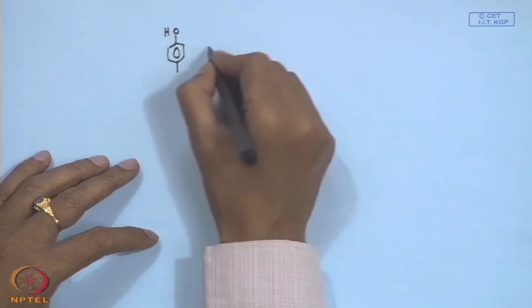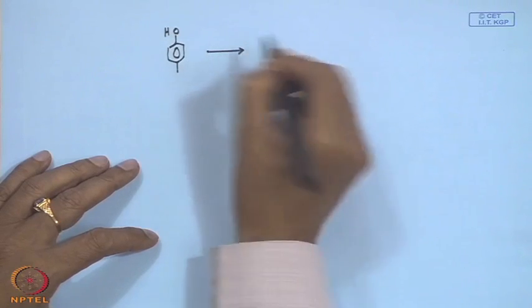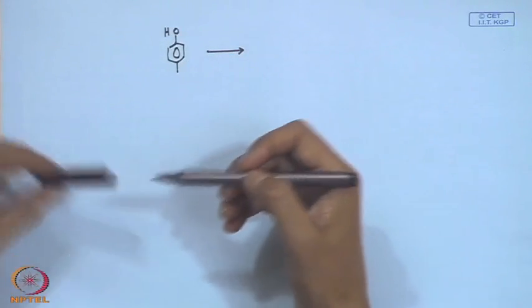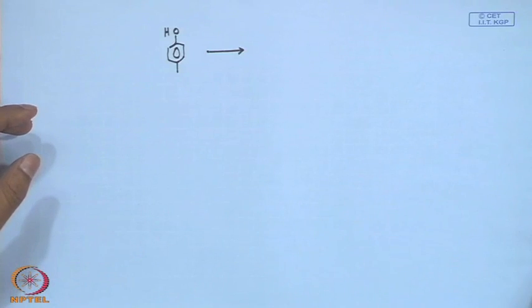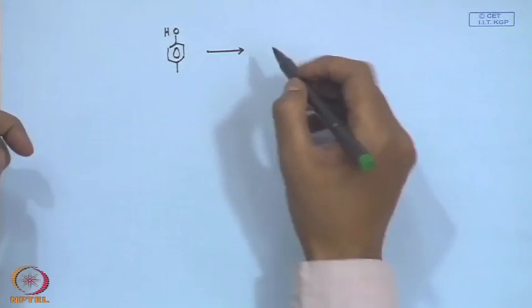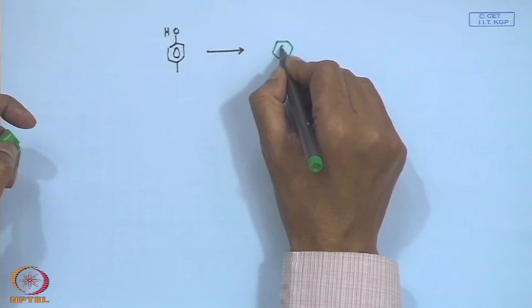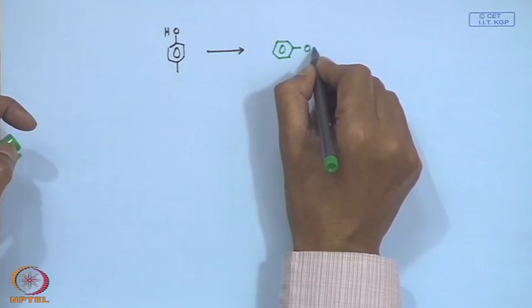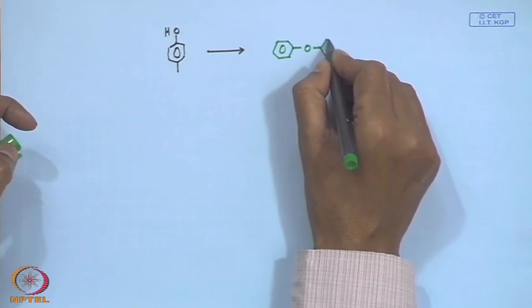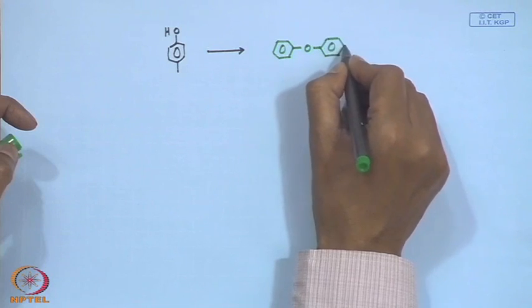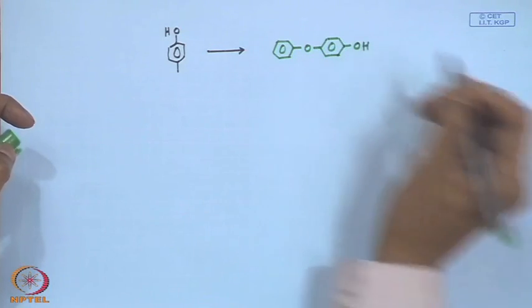So, if you have the phenol, the formation of T3 and T4 is mainly responsible for the formation of the corresponding bisphenol unit. Like in polymer chemistry, it is possible to go for the corresponding bisphenol molecule.